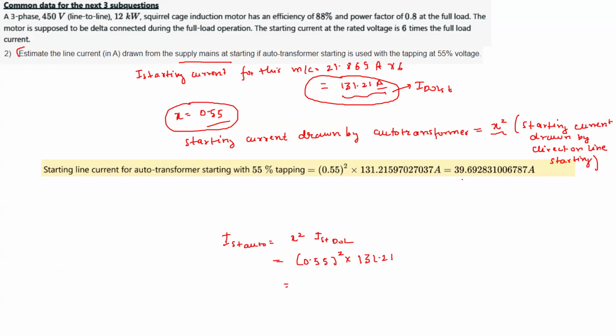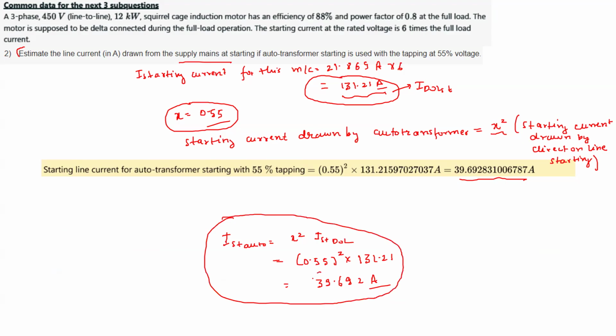If you do that, the current becomes much less, 39.692 amperes. If you do not use any starting method, the starting current is so huge, 131.21 amperes, that it will definitely burn the windings. With the auto transformer starting, the current is reduced by so much. That is why you need to use starting methods for induction motors.